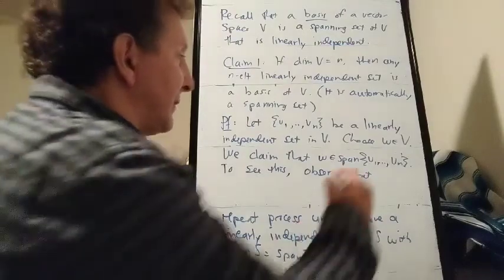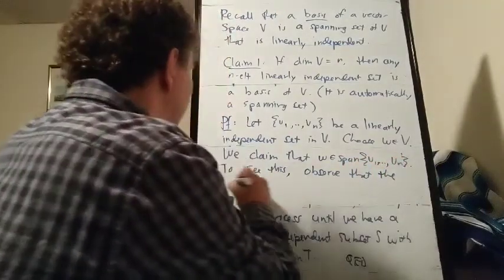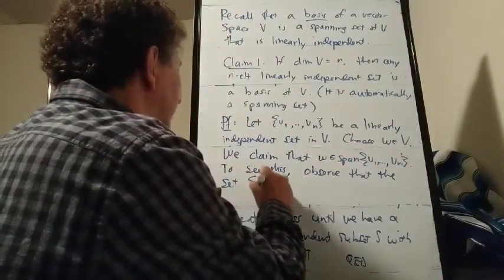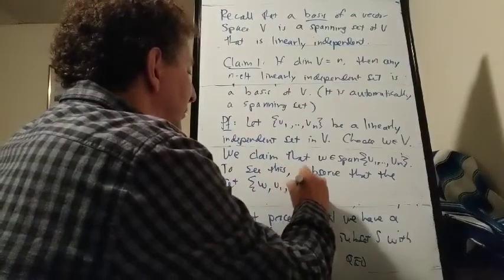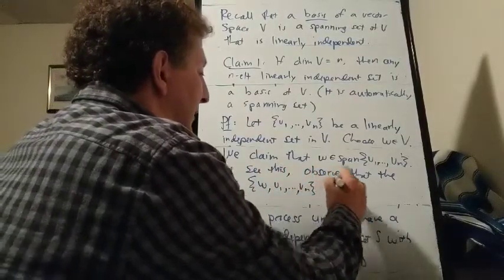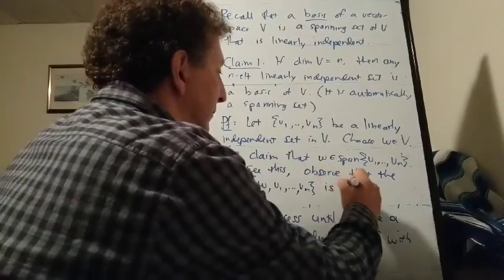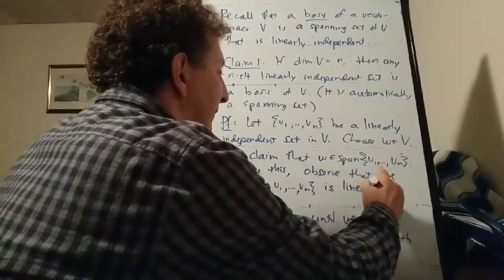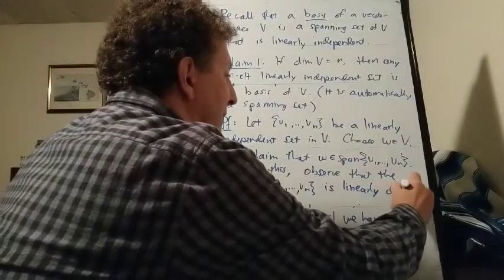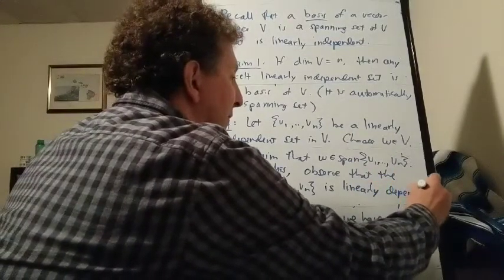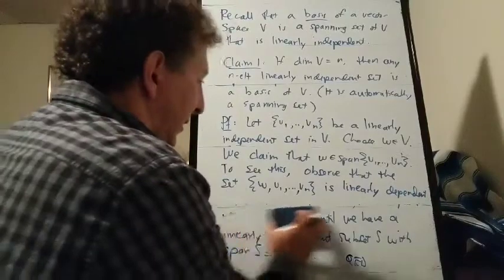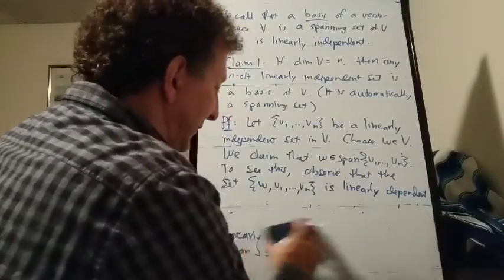So observe that the set W, v1 through vn is linearly dependent. And that's because it just has too many elements to be linearly independent.